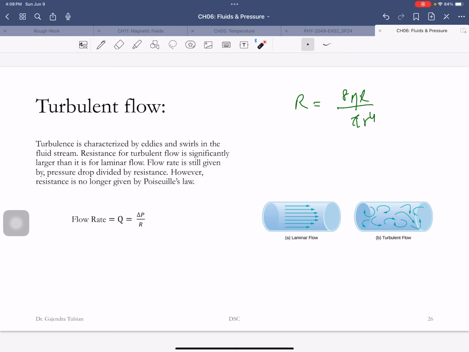But this formula does not apply when the flow is turbulent. Anyway, for turbulent flow, the resistance is much higher than given by this formula. Okay, so when the flow is turbulent, resistance is high, and for a given pressure, the flow rate is reduced.